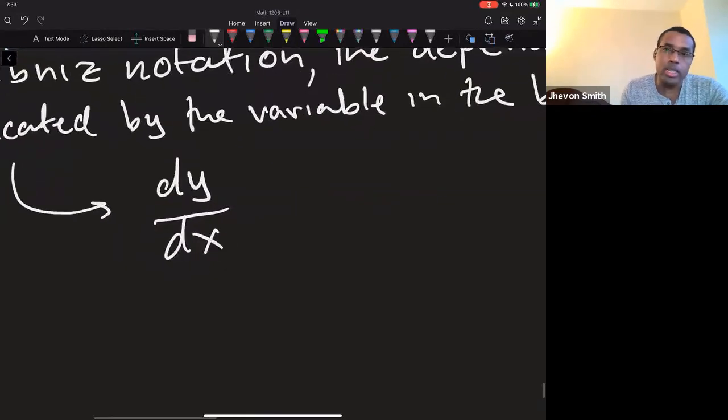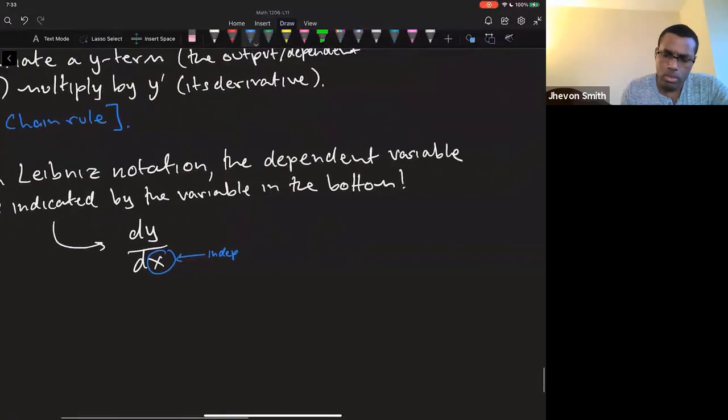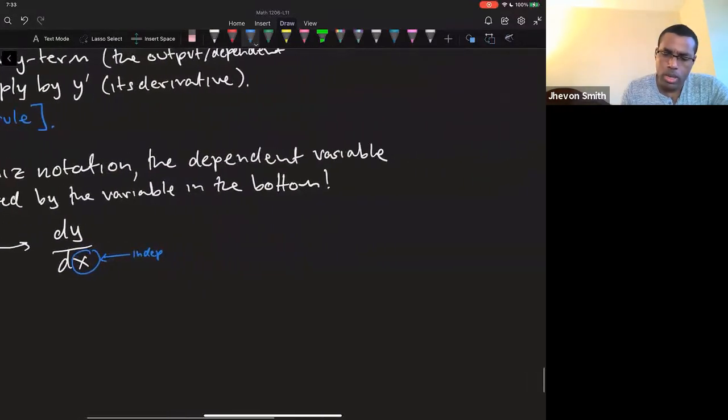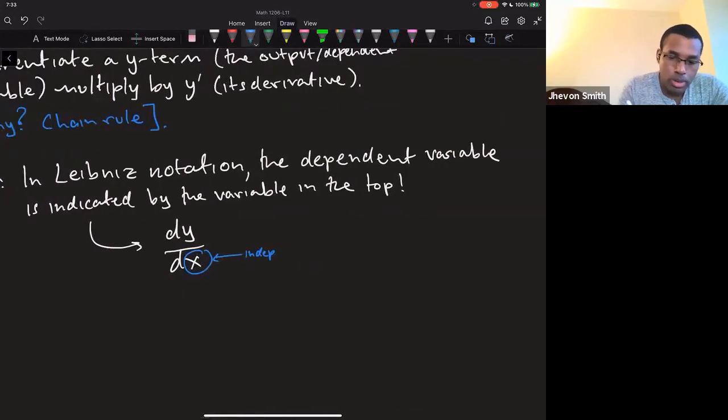When I write dy dx, this is the derivative of y with respect to x. What it means is that x is thought of as the independent variable. The dependent variable, oh, this is at the top. Should have written independent variable, but whatever.